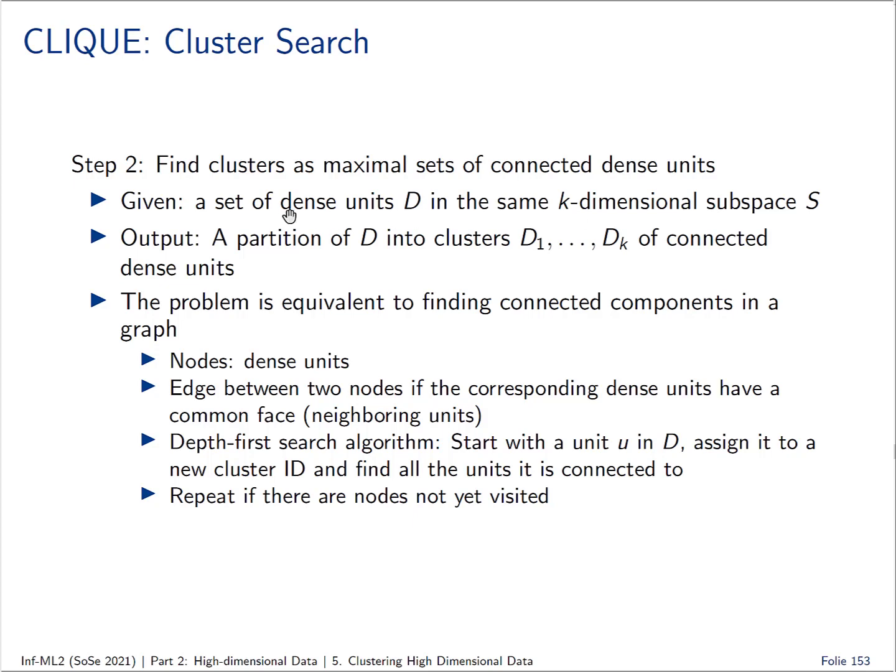We, of course, cannot mix dense units from different subspaces of different dimensionality, because we would mix apples and oranges here. But we just look at one specific subspace and take all the dense units in this particular subspace to find clusters of maximal connected dense units.